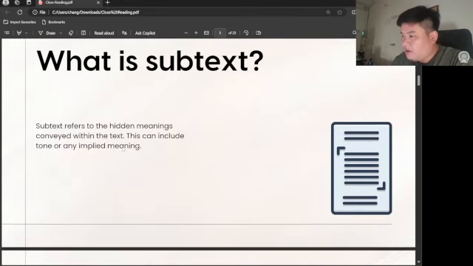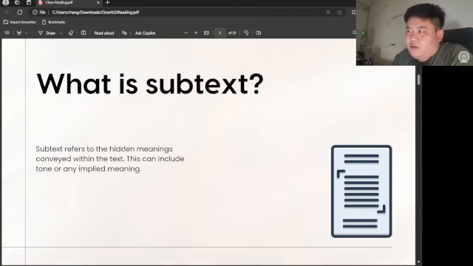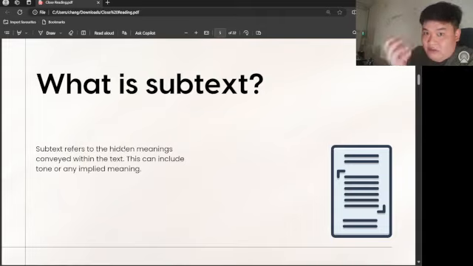Now, what is subtext then? Subtext, essentially, means the hidden meanings conveyed within the text, all right? Typically, I would talk more about this in the context of discussing dialogue in narrative writing for secondary school EL.